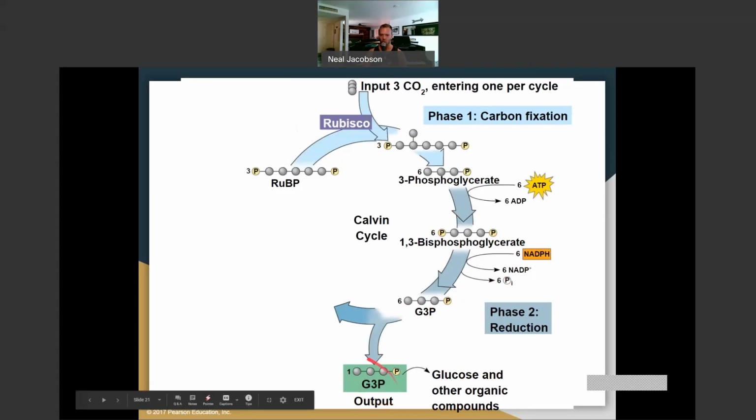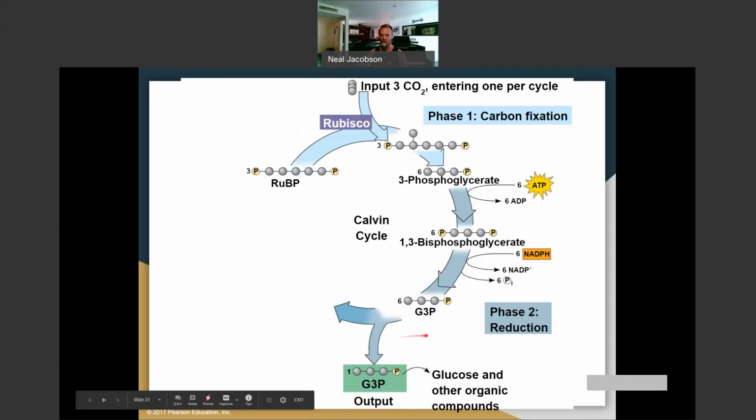If we have two of these G3Ps, we can use that isomerase and isomerize it into DHAP, dihydroxyacetone phosphate, and then join those two together and make fructose 1,6-bisphosphate, isomerize that into glucose 6-phosphate, and then remove the phosphate with a kinase, and now you have glucose. So we can actually take this molecule and build a sugar out of it.